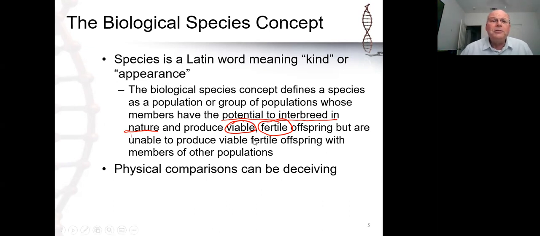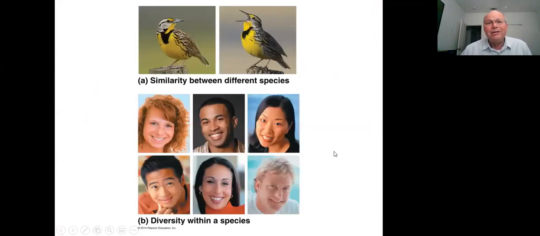But before we take a look at what we can identify as the barriers that prevent these sorts of mating opportunities, what we should bear in mind is you can't just look and see that there are members of two different species or members of the same species. Physical appearance does not determine whether individuals are members of the same species or not.